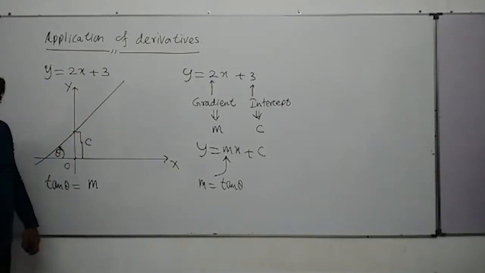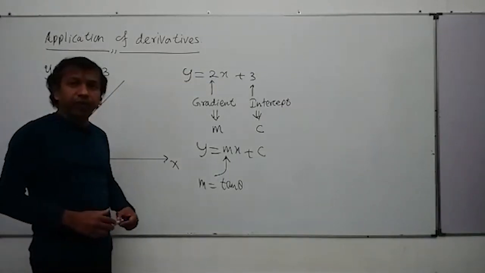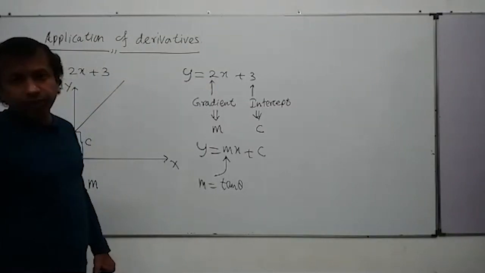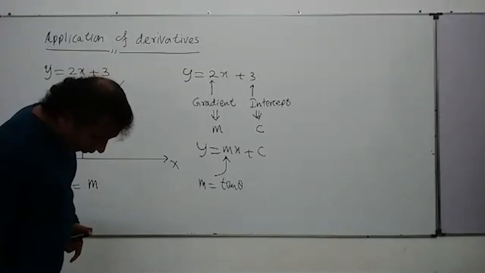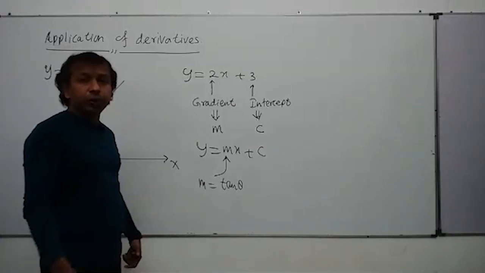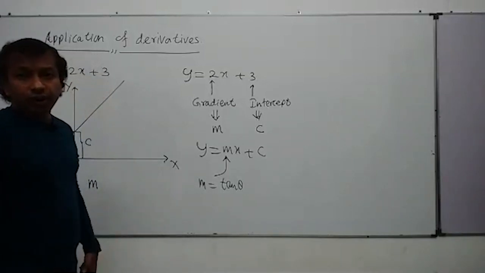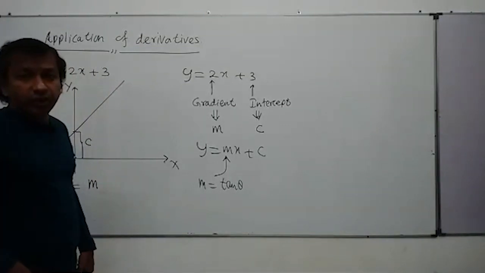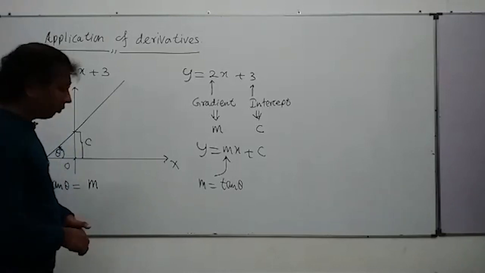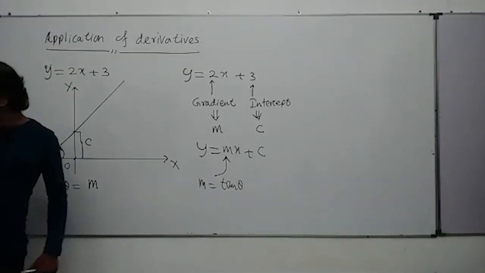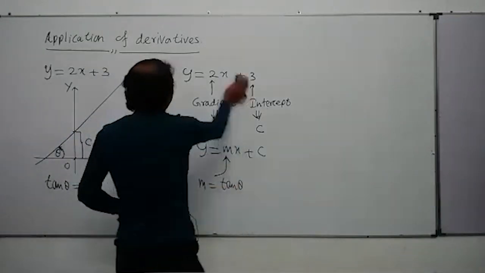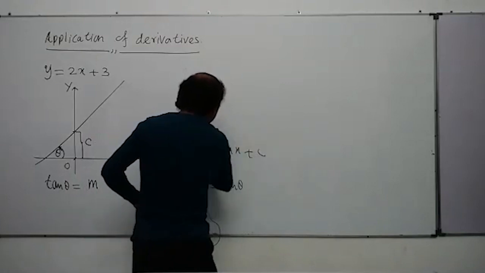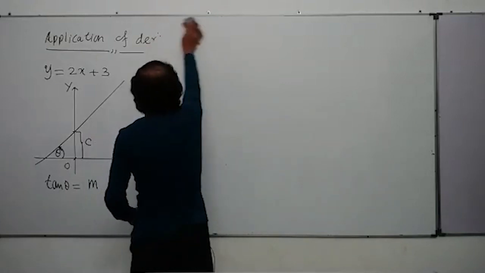Right. Now we will see what the meaning of this gradient is, and how the line looks when the gradient is positive and negative. When this angle theta is acute, less than 90, that angle lies in the first quadrant.